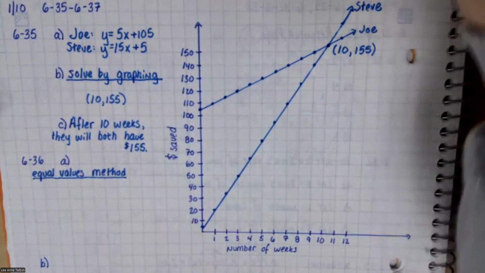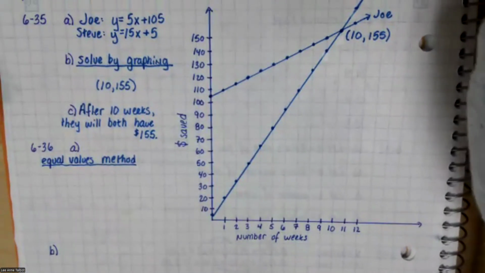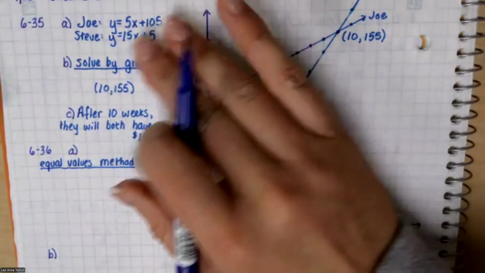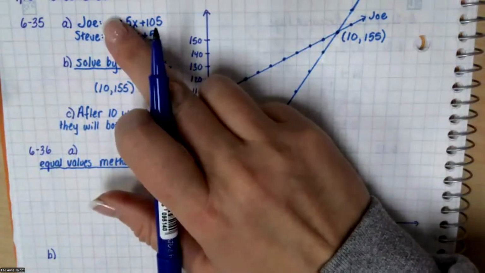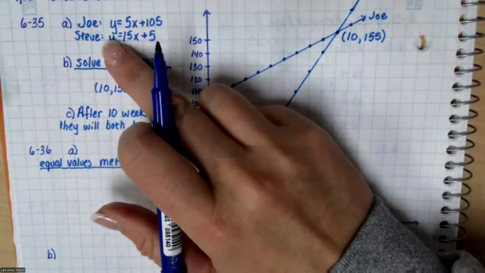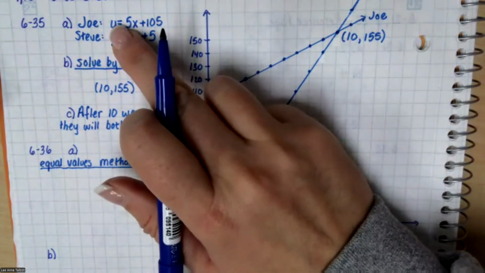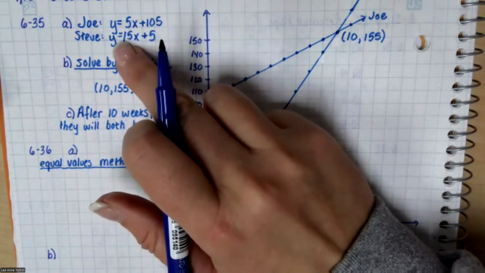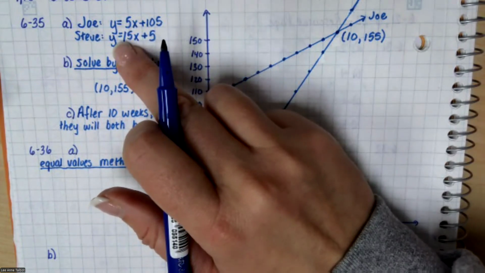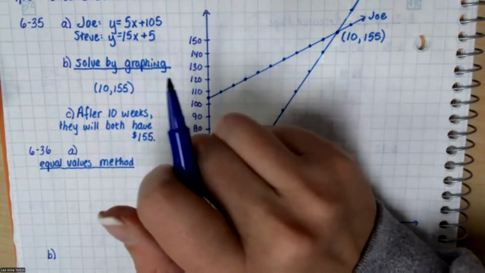That's great. I love that. Okay. Now, the equal values method is used when you have two equations and they're both equal to the same letter. So the top equation is equal to y. The second equation is equal to y. So what that means is I can set them equal to each other.